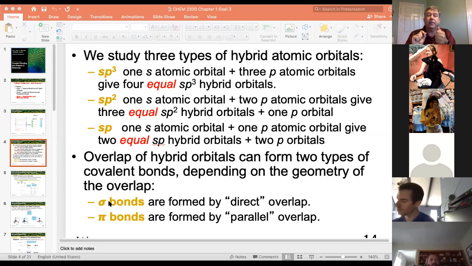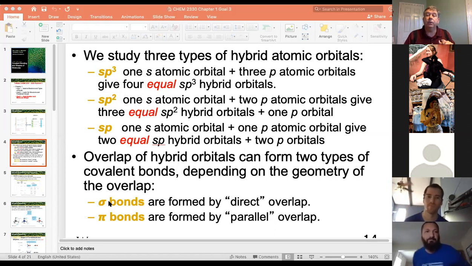If you have sp2 hybridized, you have 3 bonds plus something that can give you that pi bond. If you have sp, that means you can have 2 bonds and you have 2 p orbitals that can make up to 2 pi bonds. Follow these as we go through.